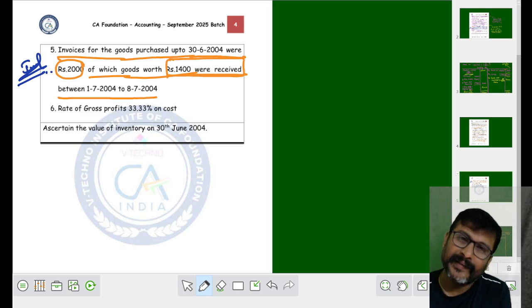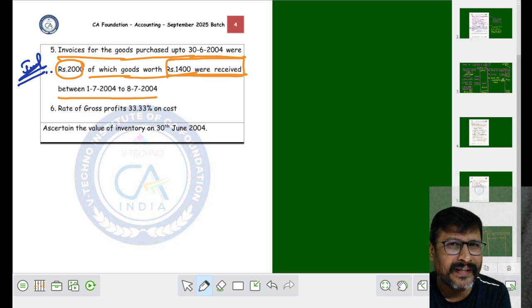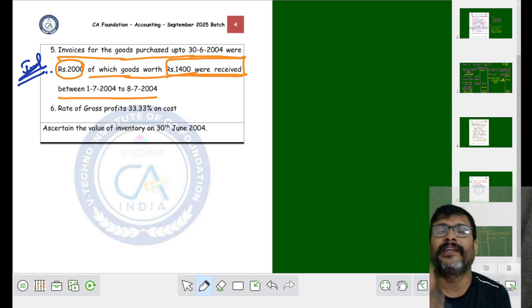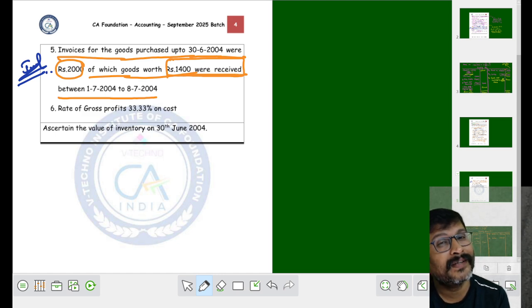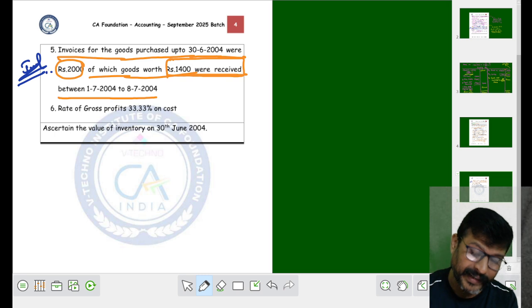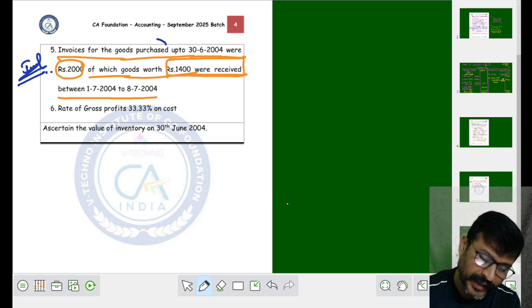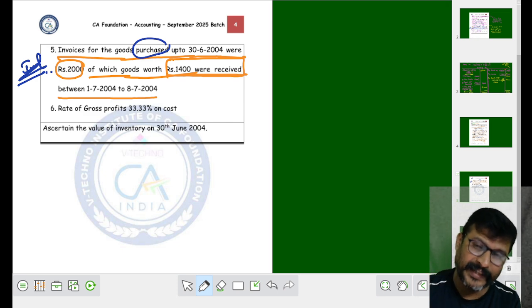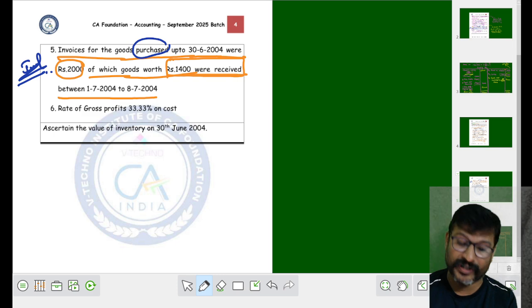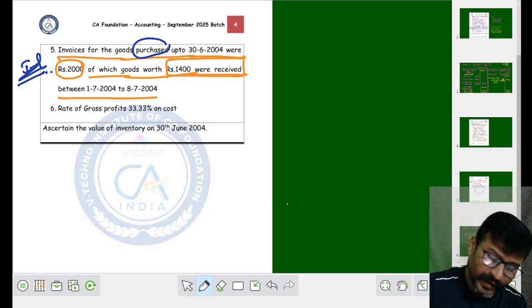In the earlier problem, goods purchased and entered were not included in stock; take it in such a place where the amount of stock is written. But here, you have purchased goods of 2,000 on 30th June itself. But of which goods worth rupees 1,400 were received.